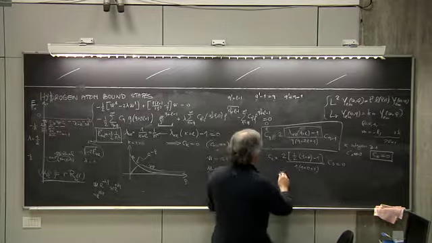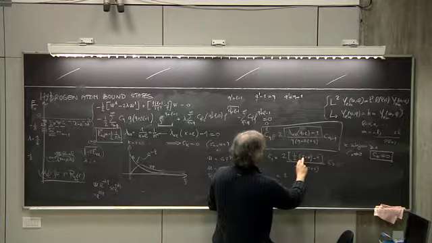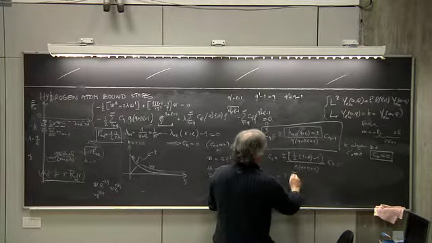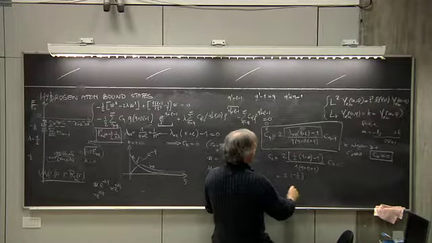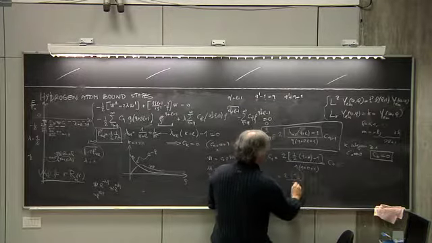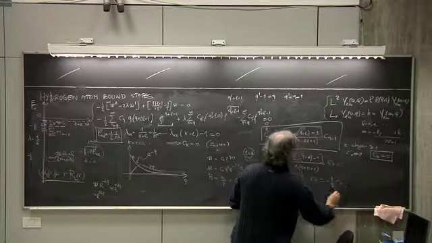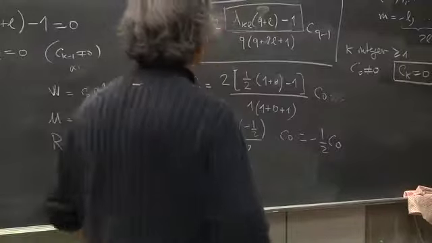So this is equal to twice. This is 1/2 minus 1, so it's minus 1/2. Check if I make some mistakes, okay? Divided by, this is 2. So this is minus 1/2 C0. Okay, so C1 is minus 1/2 C0.